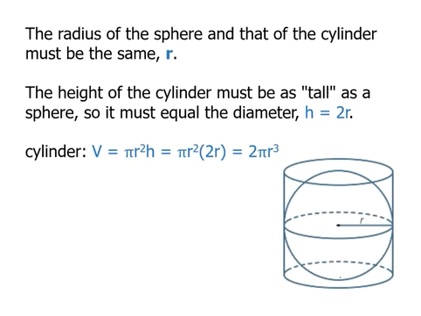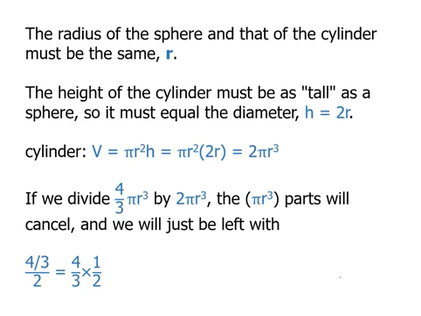So now we know the volume of the cylinder, we know the volume of the sphere, and we want to find the ratio. We divide 4/3 pi r cubed by 2 pi r cubed, then the pi r cubes will cancel, and we'll just be left with 4/3 over 2, or in other words, 4/3 times 1/2, and that simplifies to 2/3.